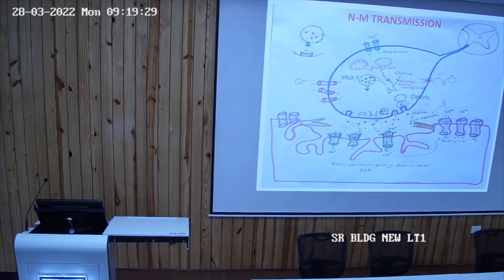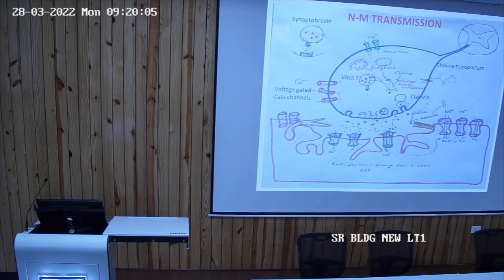So what is that protein called? That is called synaptobrevin. I have drawn it here to understand it better. All over the synaptic vesicular membrane you have SNARE proteins called synaptobrevin. These are calcium sensitive proteins.